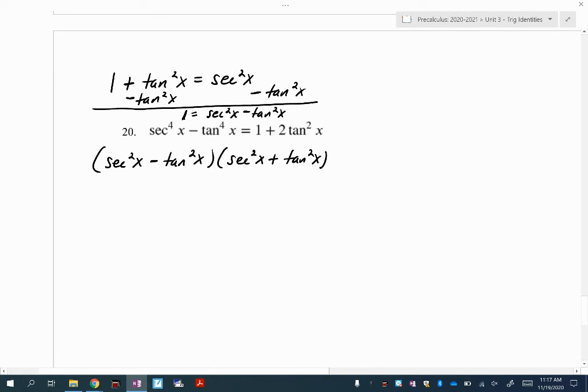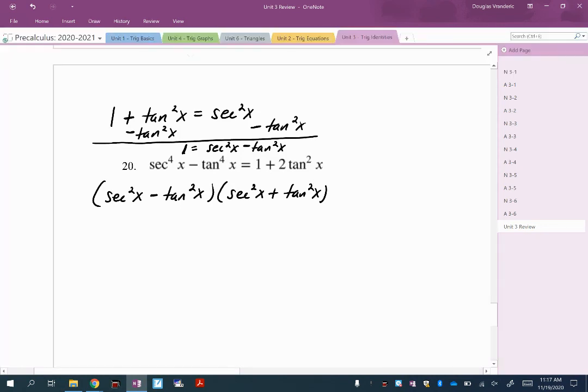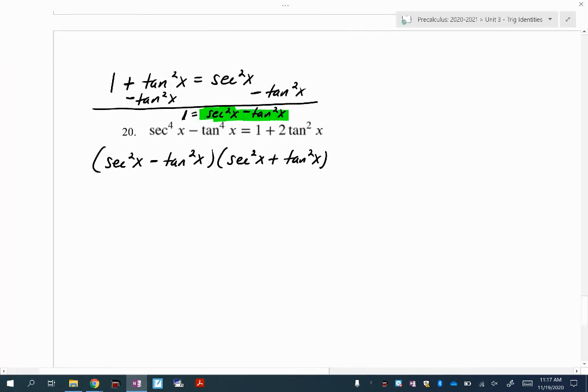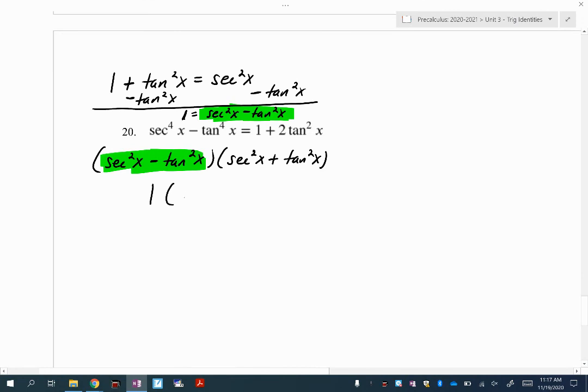And now look at that. I literally have secant squared x minus tangent squared x on the left side. I'll highlight it to see if it helps your brain here. Right? I have this right here. So I'm going to replace that with the number 1. So that's going to be 1 times secant squared x plus tangent squared x.